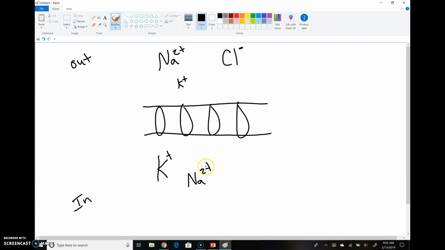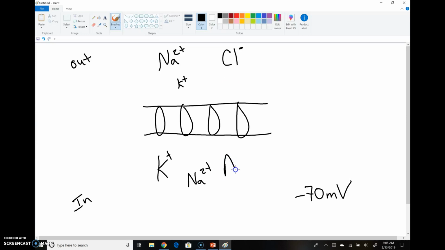But I just explained that the cell resting membrane potential is negative 70 millivolts at rest before it's hit with an electrochemical signal for it to depolarize. Why is it negative?